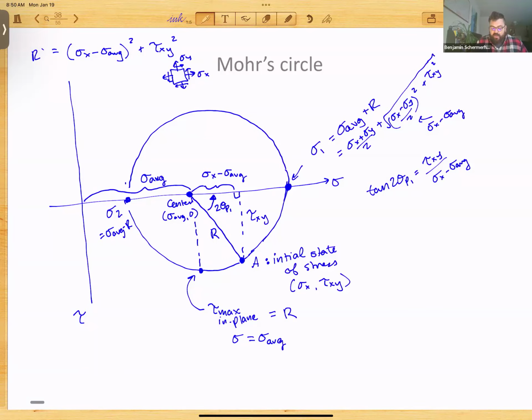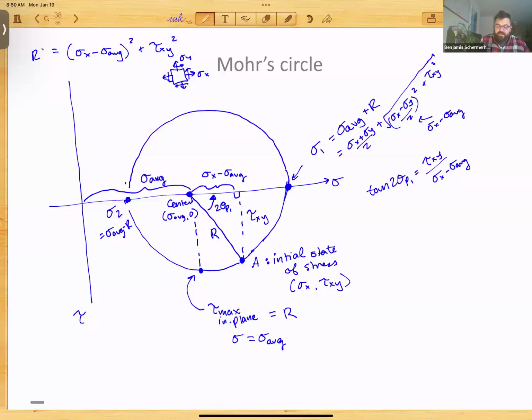We have this, it's 90 degrees on this circle because everything's 2 theta, but you can think about that as being 45 degrees in the actual physical rotation of our differential element, right? So 90 degrees in the circle is 45 in real life. We can see that they're separated by that.